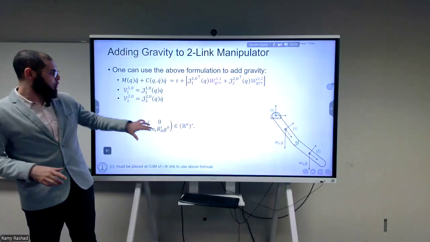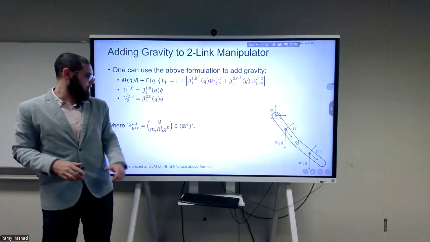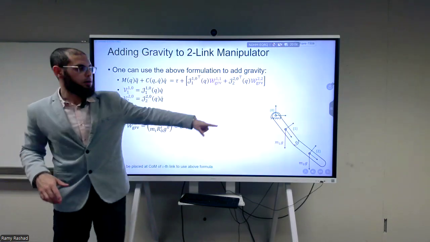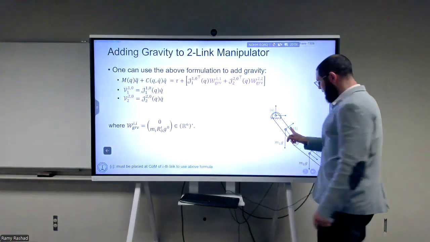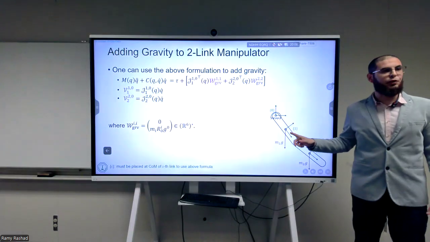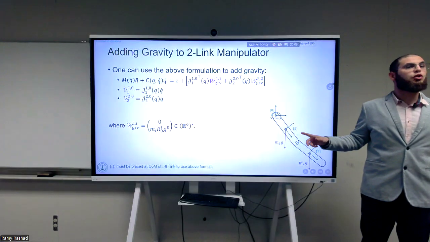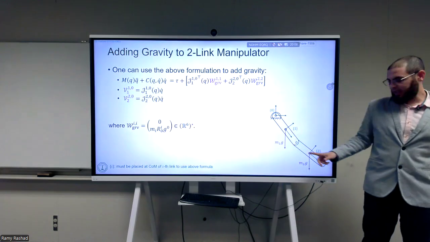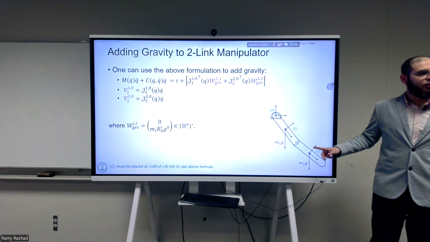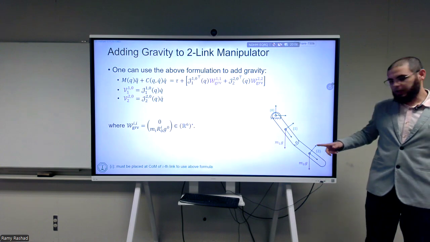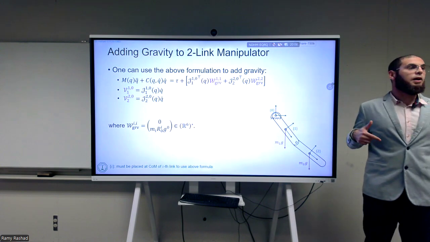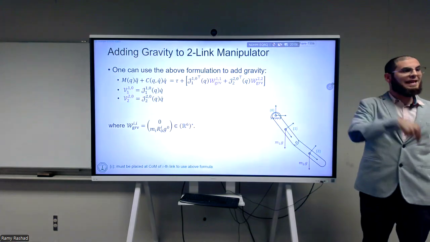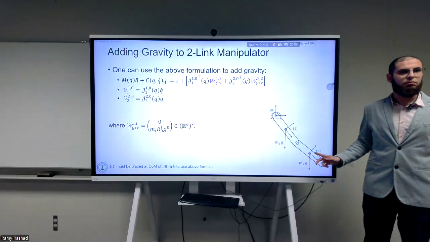So take a look at this frame. Say we chose the body fixed frame at the center of mass, aligned with the first link, and we chose this frame to be aligned with the second link like that. How is the gravity applied? Can we say that gravity is just a force in the Z direction of the two frame?